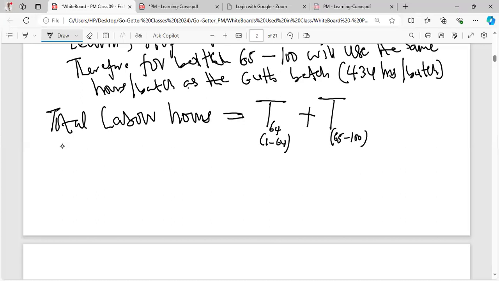So you have to get the first 64 batches time plus the time for the 65 to 100 batch.